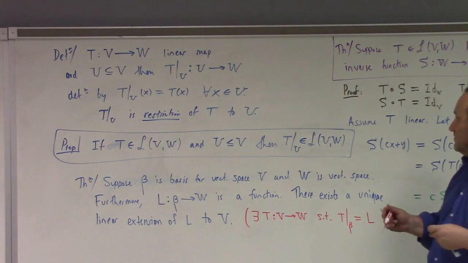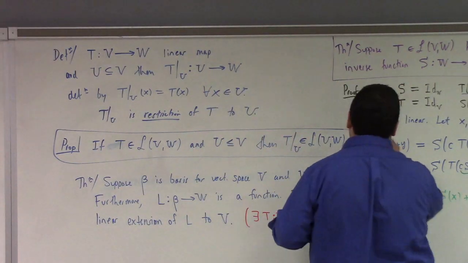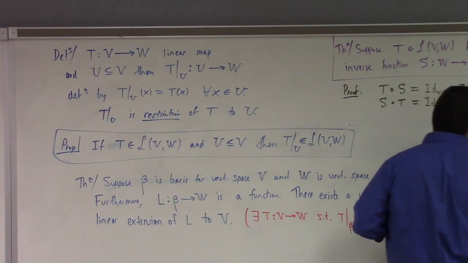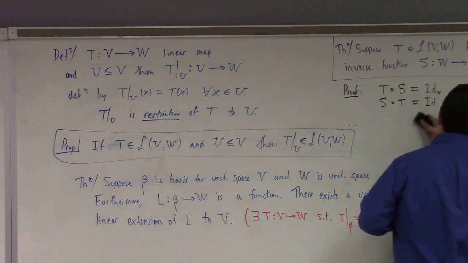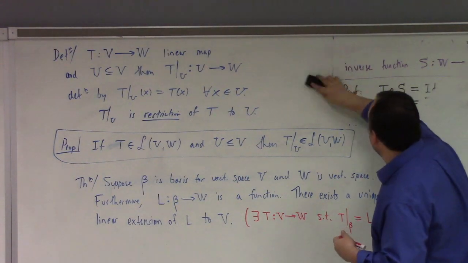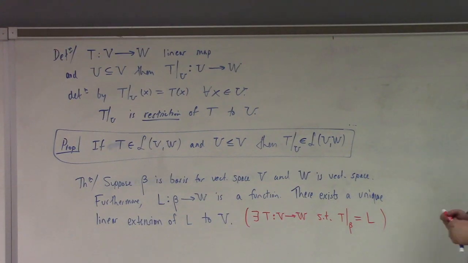Now, let me be more precise. The theorem's more than that. It's not one of these pie in the sky, oh, we use the axiom of choice or Zorn's lemma or some kind of highfalutin mumbo jumbo to make this happen. No, there's just a stone cold formula. And here's how it goes.